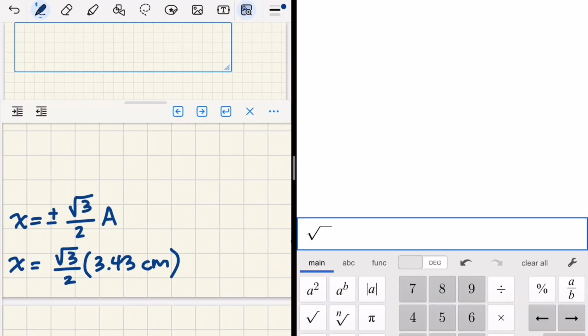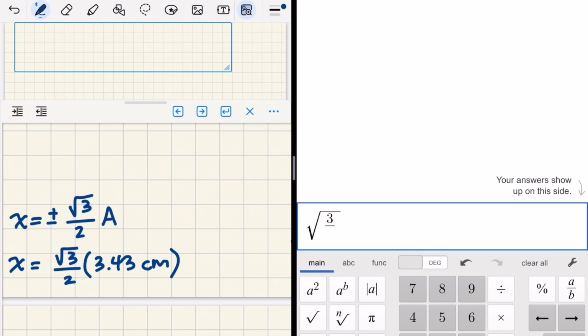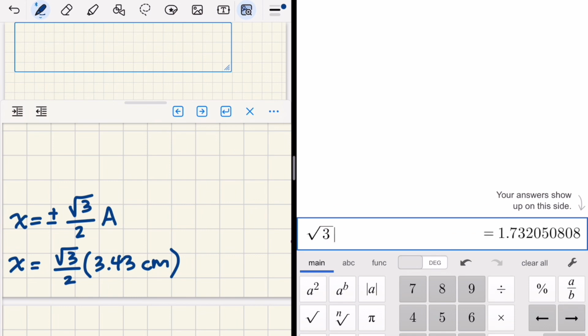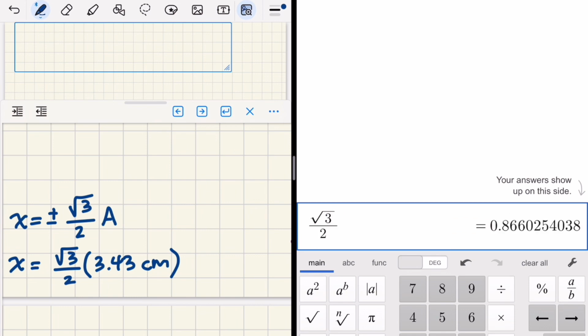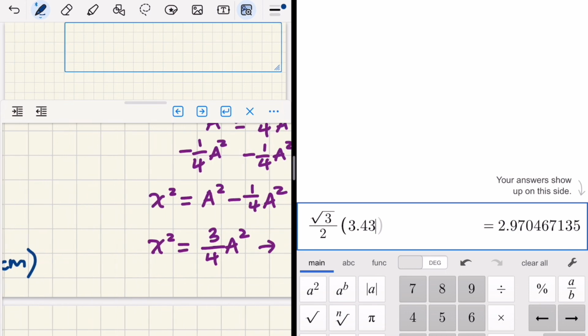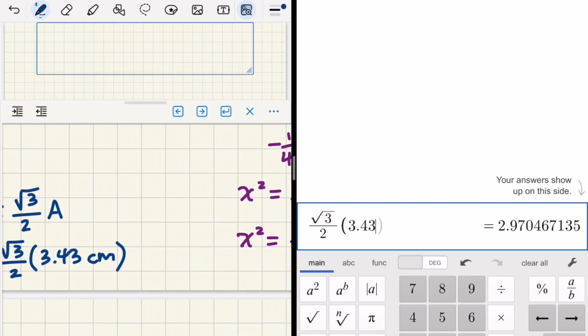So now we just get square root of 3, now make sure the division sign is not part of the square root, times 3.43. And there you go. So our answer is 2.97 centimeters. And that's it.